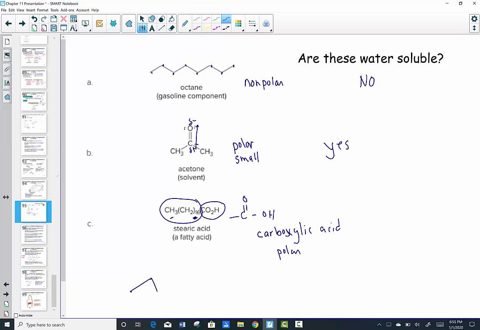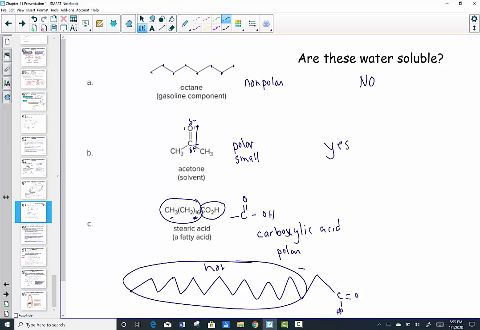So 1, 2, 3, 4, 5, 6, 7, 8, 9, 10, 11, 12, 13, 14, 15, 16. And then here is finally the COOH. This by far is a nonpolar region. Even though there's this tiny little end that's polar, the domination of the nonpolar region makes this a nonpolar molecule. And so no, it's too big. Even though there's a polar bond there, it's too big to be water soluble.